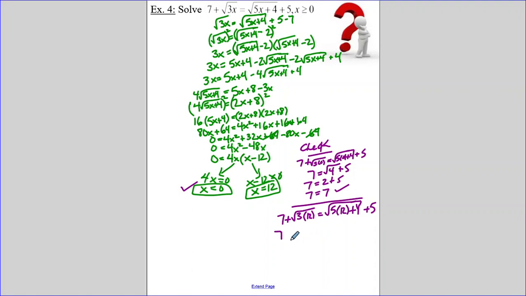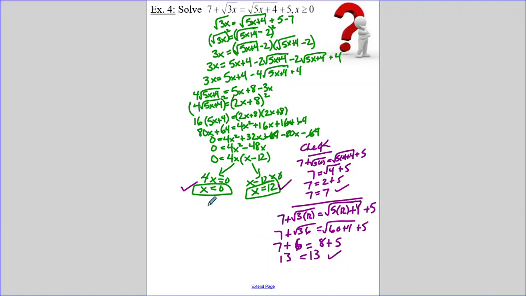So 7 plus the root of 36, does that equal, and then I've got the root of 5 times 12, that's 60, and 60 plus 4 plus 5, that's 7 plus 6 on this side. Does that equal the root of 64, that's 8, plus 5. Well, 7 and 6 make 13, and 8 and 5 make 13, so I've got another good solution.